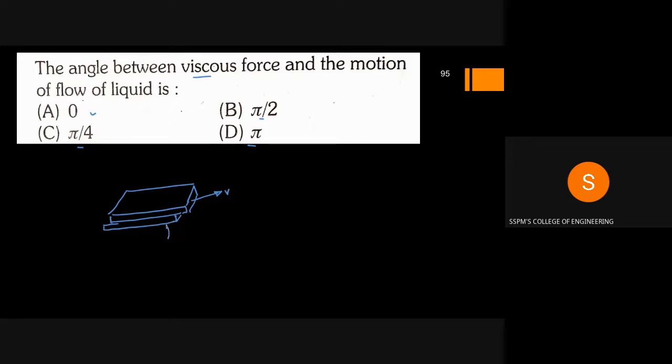Now this second layer will try to oppose the motion of the first layer. As it opposes the motion, the force of opposition, that is the viscous force, must be exactly opposite to the velocity. So the angle between the viscous force and the motion of flow, this is the velocity and this is the force, is pi, that is 180 degrees. So the correct option is option D. The angle between viscous force and motion of fluid is 180 degrees.